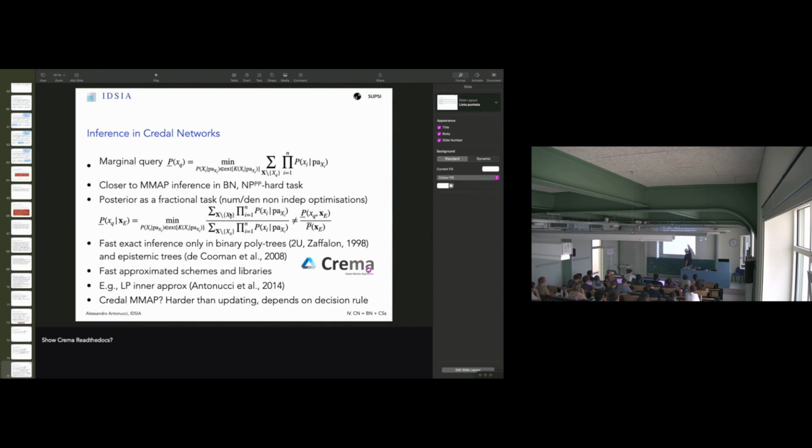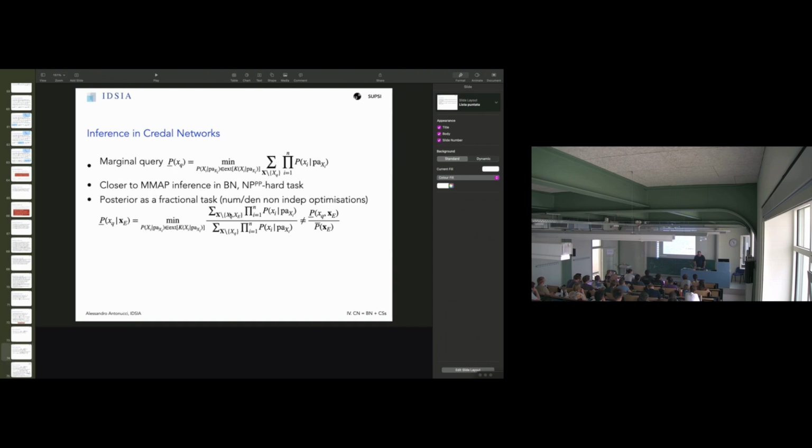Okay. So let me just say something about the independence concept. The credal set is smaller, but the inferences are the same.